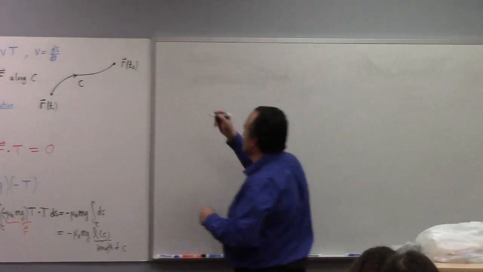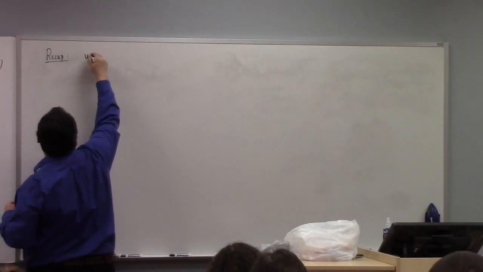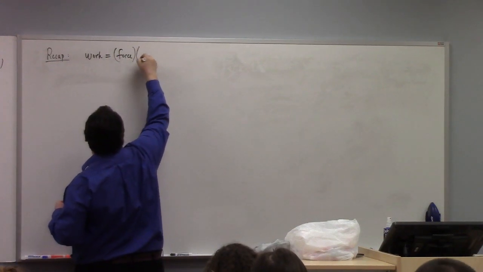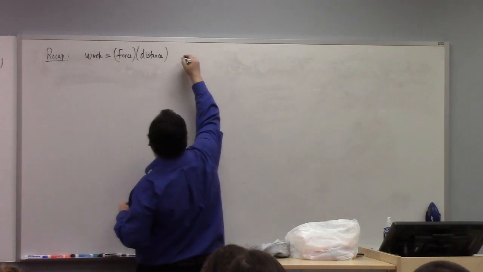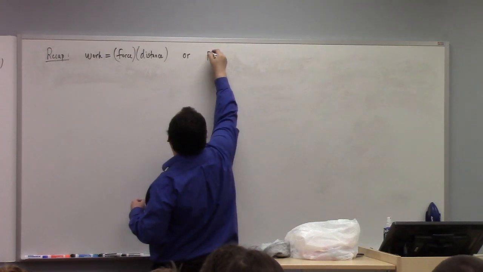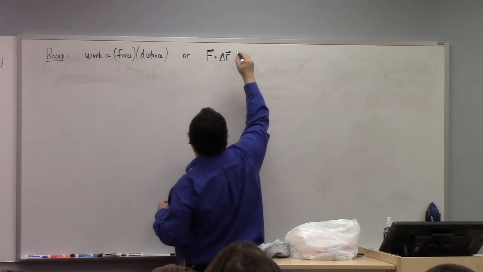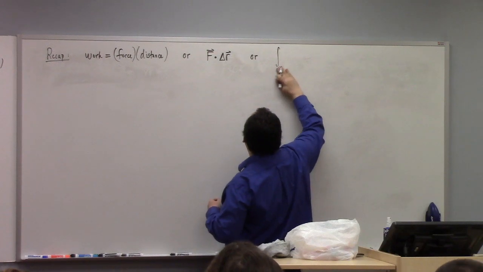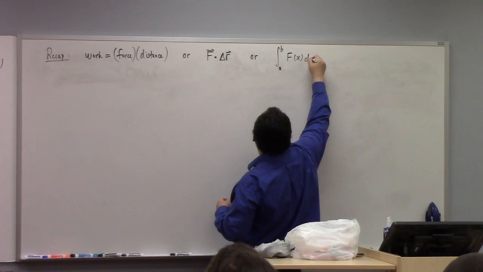Recap. Work. Force times distance is one thing you probably first learned, right? Force times distance. But it's also force dot displacement, right? Or it's the integral from a to b of f of x dx. Now each of these formulas has its place.